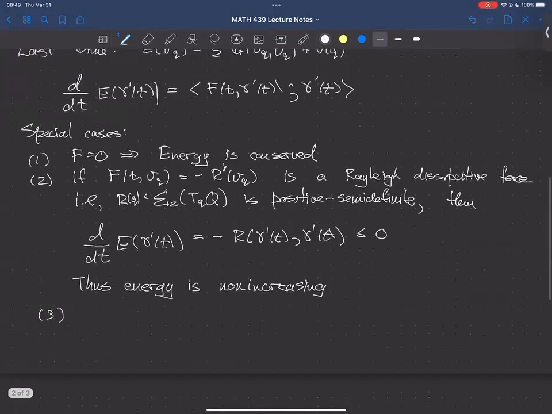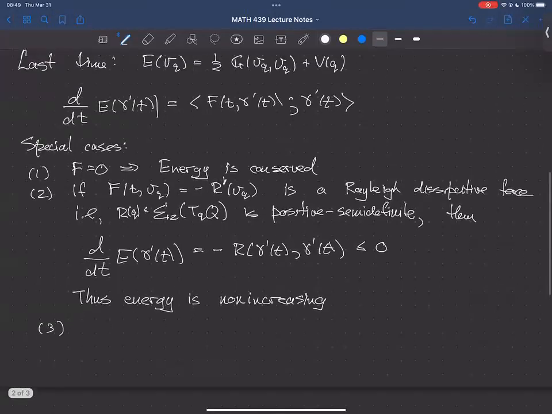So there's a kind of force that we talked about last time, and so you might wonder: are there forces that you can put in here which don't change energy? In other words, are there forces for which this thing is always zero? You can take some guidance from the dissipative case.